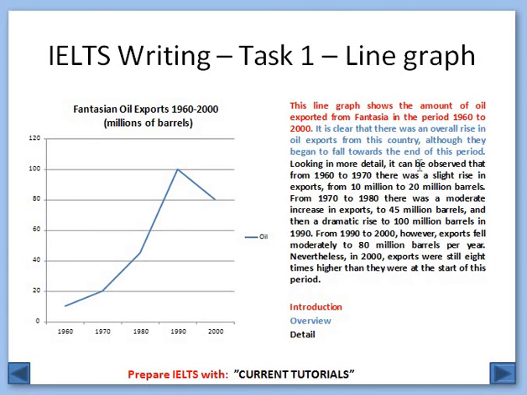Looking in detail, it can be observed that from 1960 to 1970 there was a slight rise in exports from 10 million to 20 million barrels.